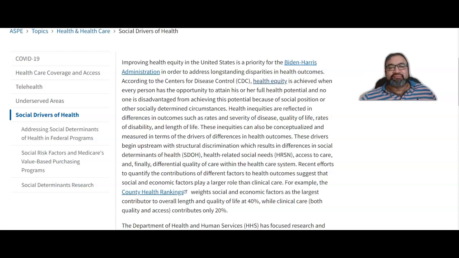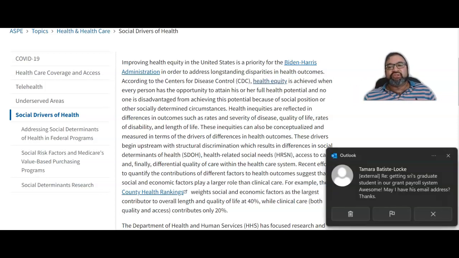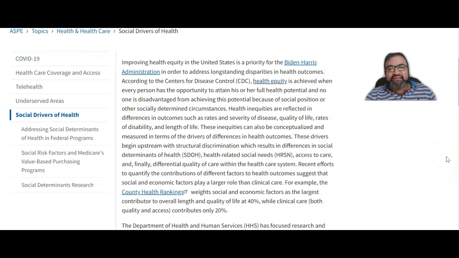So drivers is more of a broad category beginning in the upstream of social determinants of health. The focus is to address and get started on understanding the upstream drivers, which eventually lead to social determinants of health. So understanding this is important in the context of county health rankings.